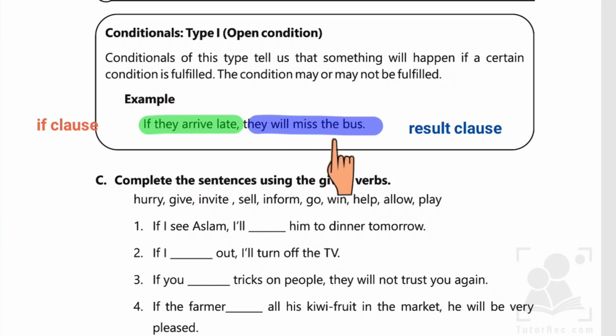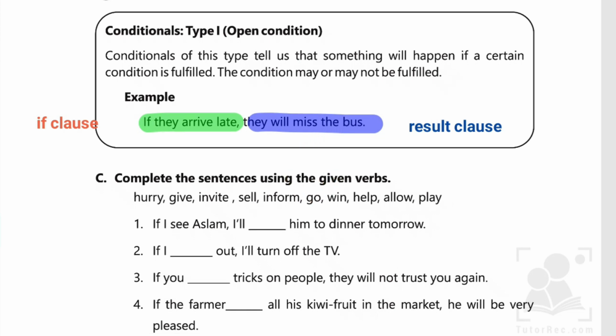Over here, what we are saying is that if this condition is fulfilled, that they do not get late, then they are not going to miss the bus. So both the clauses depend on each other, the if clause and the result clause.